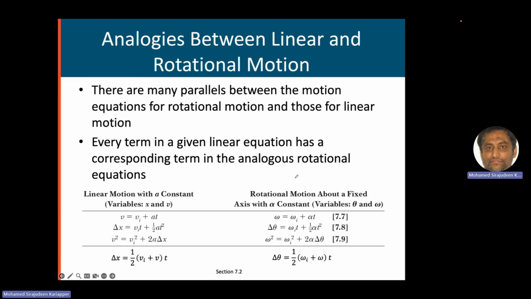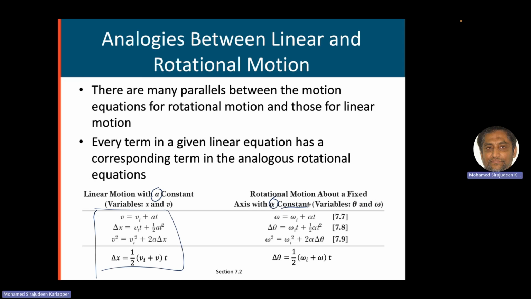Right, now comes our equations. Remember this? Chapter 2, kinematics. So we are going to just borrow from chapter 2 and bring it to chapter 7. These equations apply when the acceleration is constant, right? Similarly, if the angular acceleration is also constant, we can use the same analogous equations.